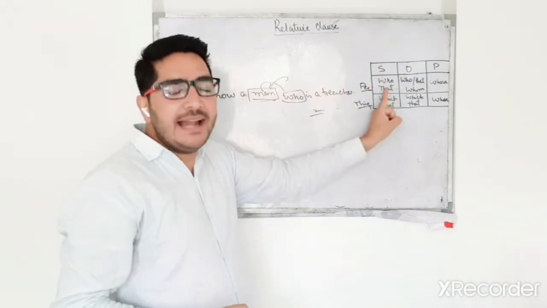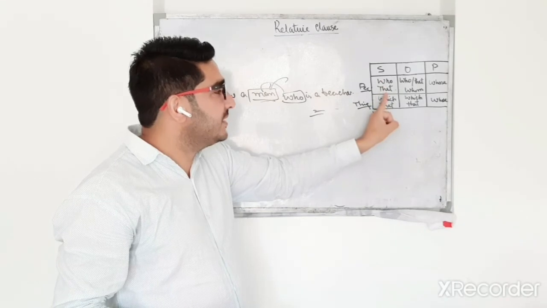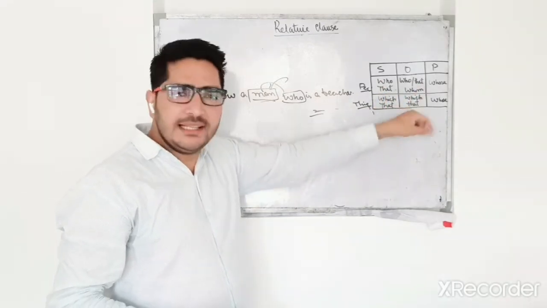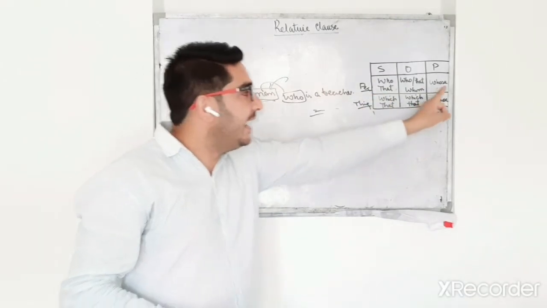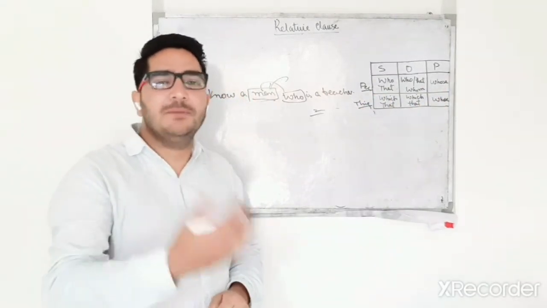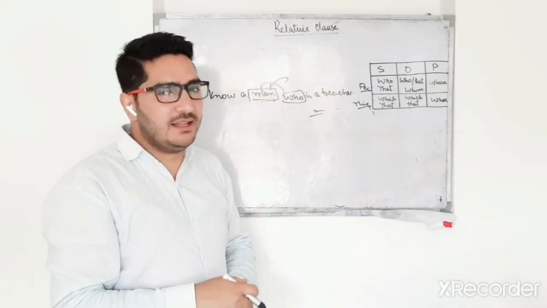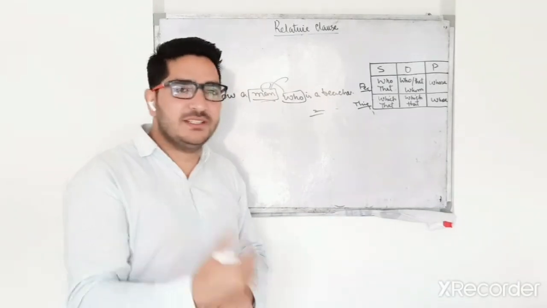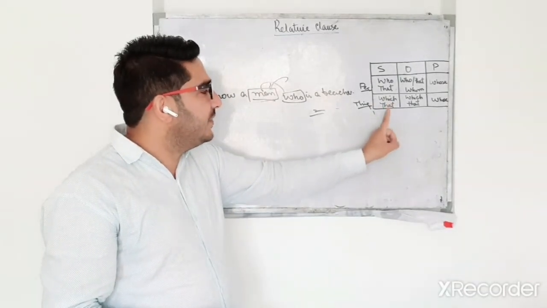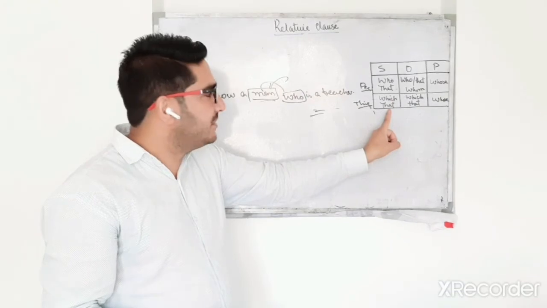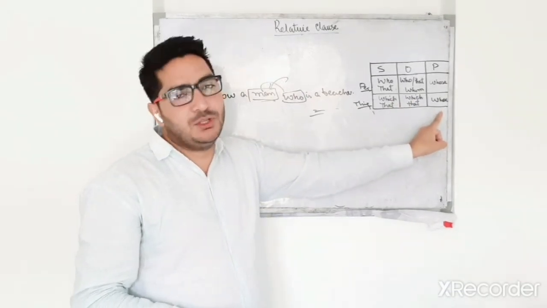Who and that are also used for persons when the persons are objects. And whose is used for persons when they show possession. And as far as things are concerned, which and that are for things as subjects, which and that for things as objects, and whose as possession.